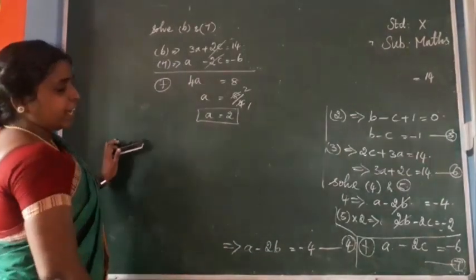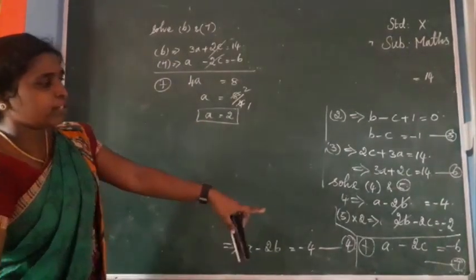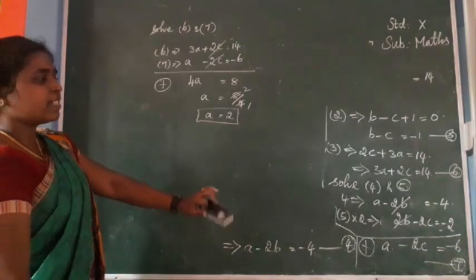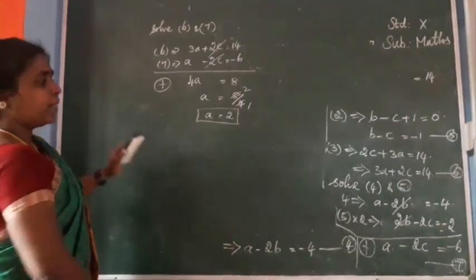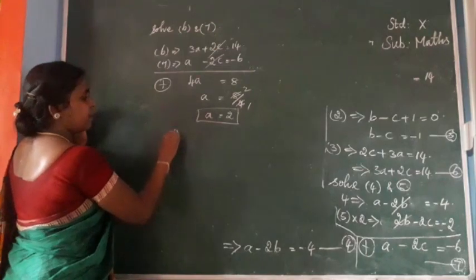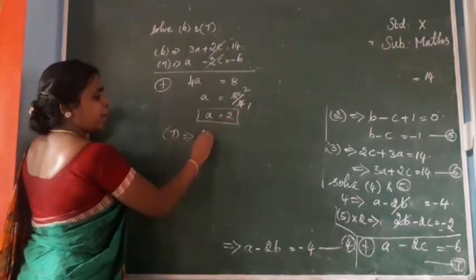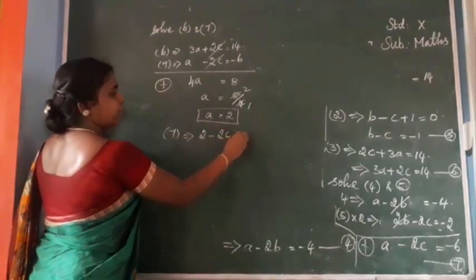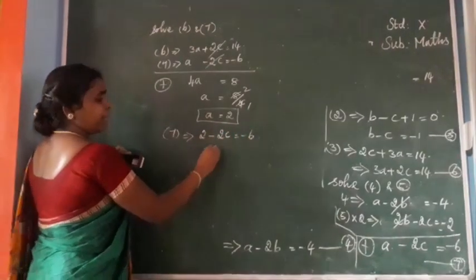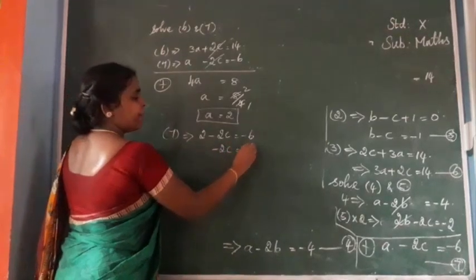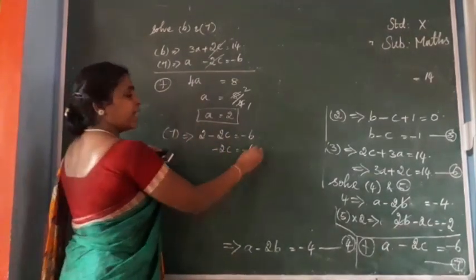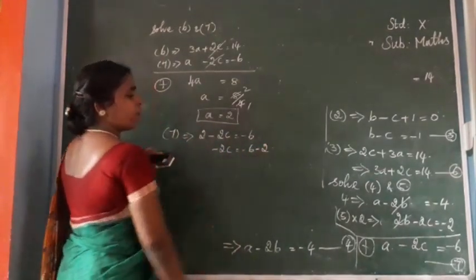So okay, we got the A value. After getting the A value, you substitute it in equation 6 or 7. I think 7 is better. Use the 7th equation: A minus 2C equal to minus 6, where A is 2. So 2 minus 2C equal to minus 6. Take 2 to the right hand side, it becomes negative.